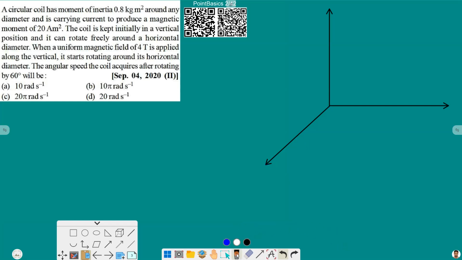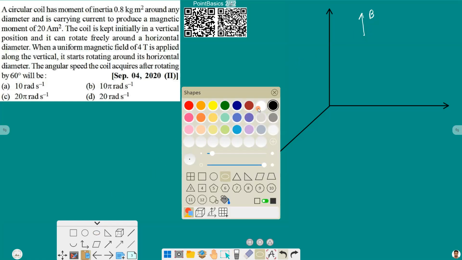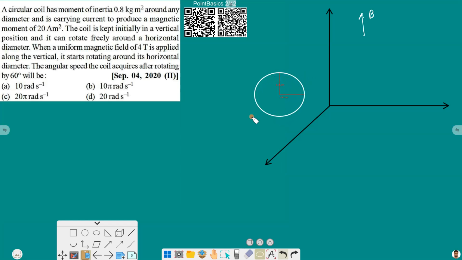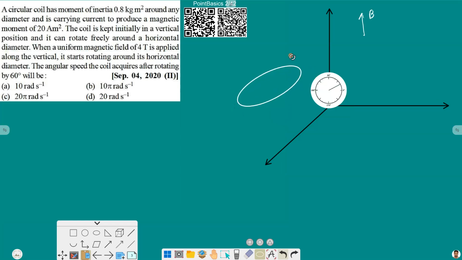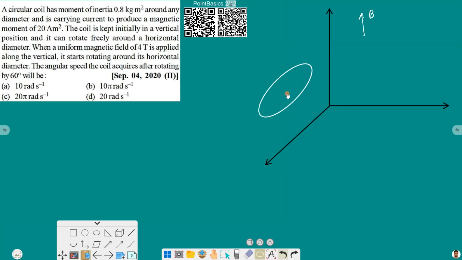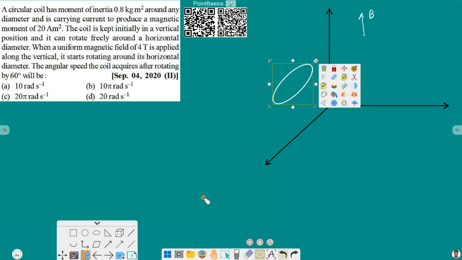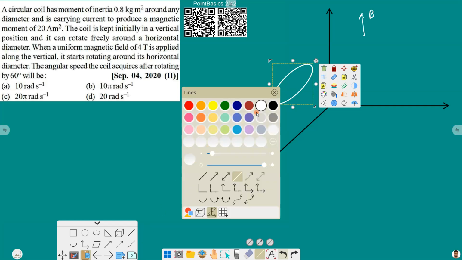Now here our magnetic field is in the vertical direction, so suppose this is the direction of the magnetic field, and now we need a coil. So let us suppose this is the coil we have, and these are its axes.